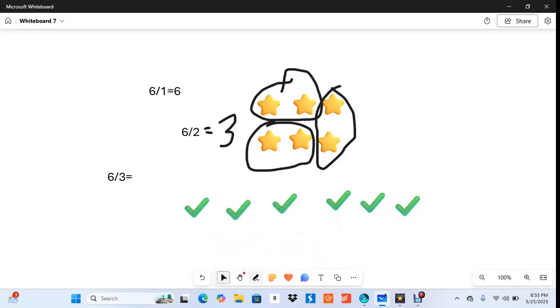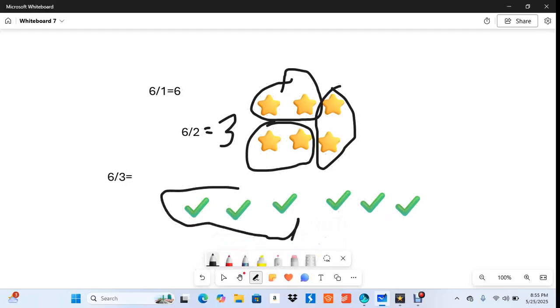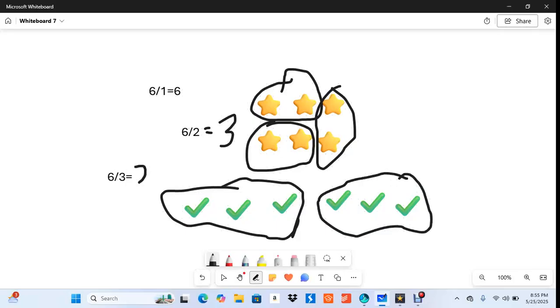Okay, so I will do 1, 2, 3. Every 3 things circle as a group. 1, 2, 3. Okay, so that is 2 groups. So 6 divided by 3 equals 2.